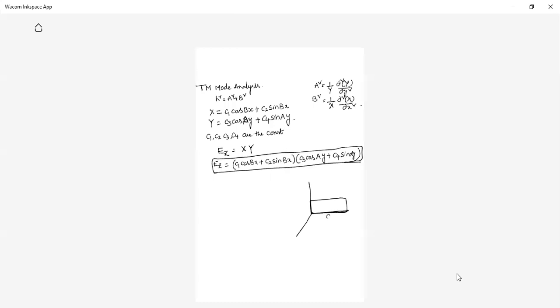The broader dimension is represented as A and the narrow dimension is represented as B. Let us consider this is the y-axis, this is the x-axis, and the wave propagates in the positive z direction. If you completely draw the figure, this is the rectangular waveguide we are going to get.